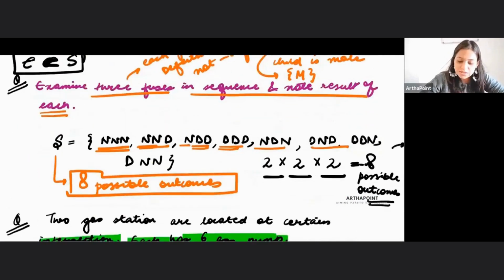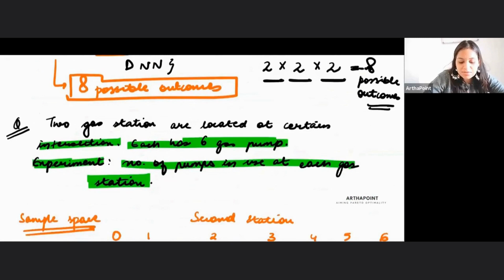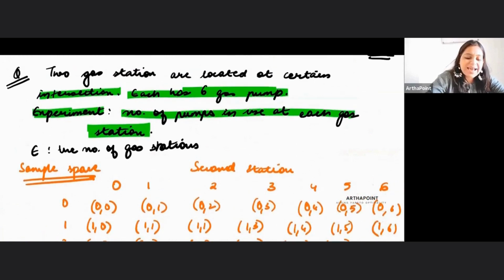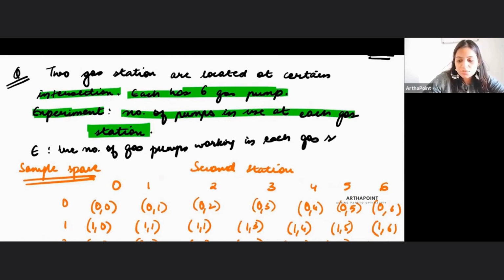So for example, here, my event can be that the number of gas pumps, not station, the number of gas pumps working in each gas station are the same. So I'm asking that out of the total sample space that you just built, which are those cases where the gas pumps working in the 2 gas stations are the same?